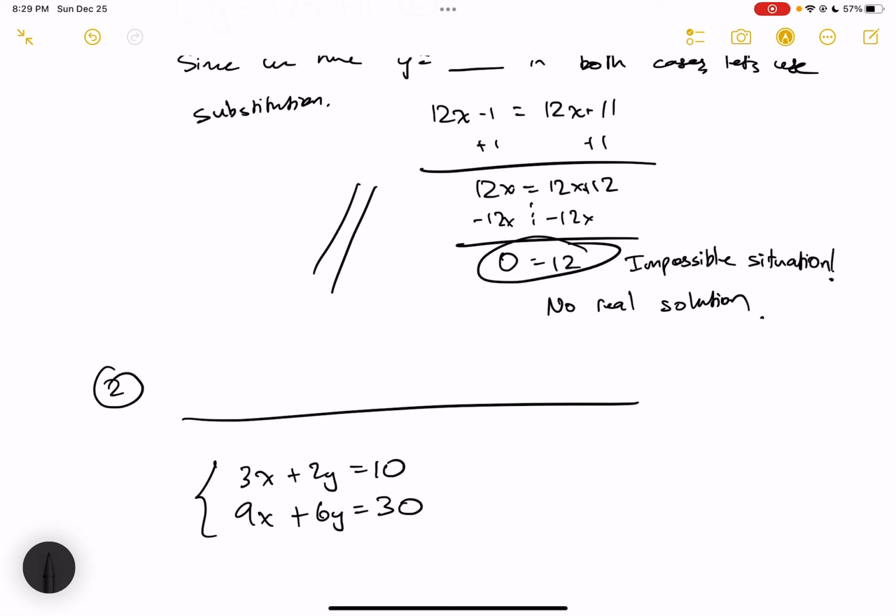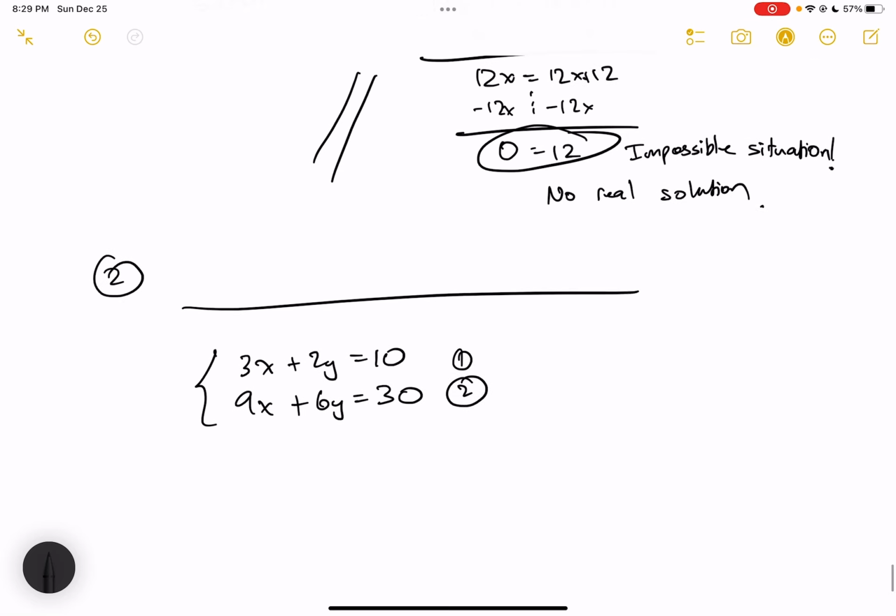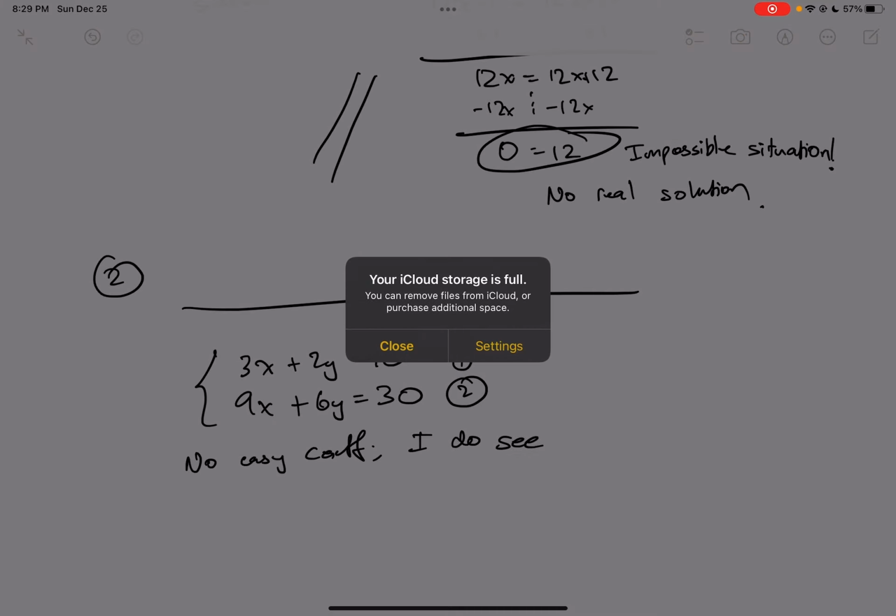This is once again a system of linear equations. Call them 1 and 2. In this case, let me use elimination because we have no easy coefficients to work with. But I do see an elimination shortcut.